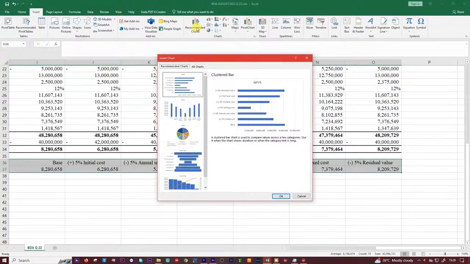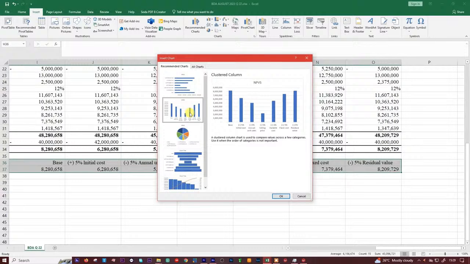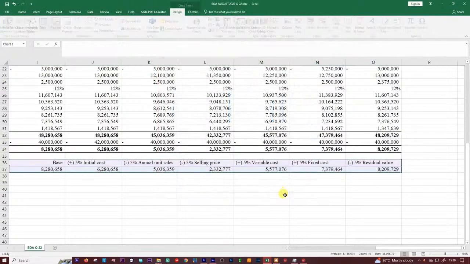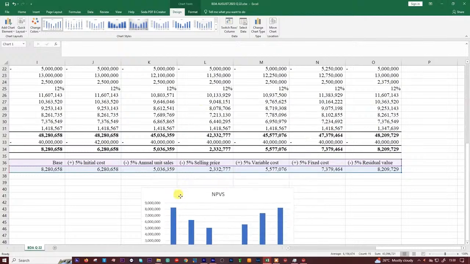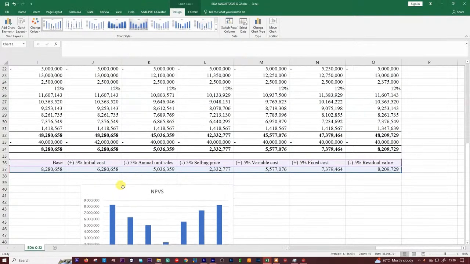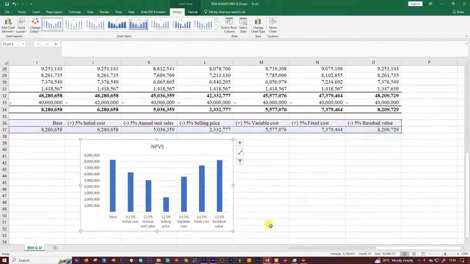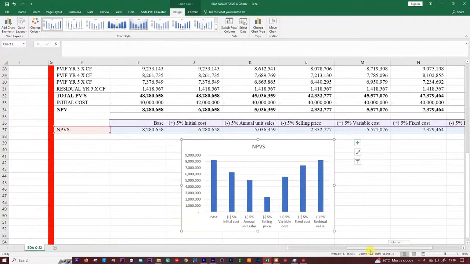You can see whichever chart pleases you, so long as it yields whatever we actually need. So this one, maybe perhaps select this one. You say, okay. So the different NPVs, or the adverse effects of those values, base case, are actually indicated to us over here.